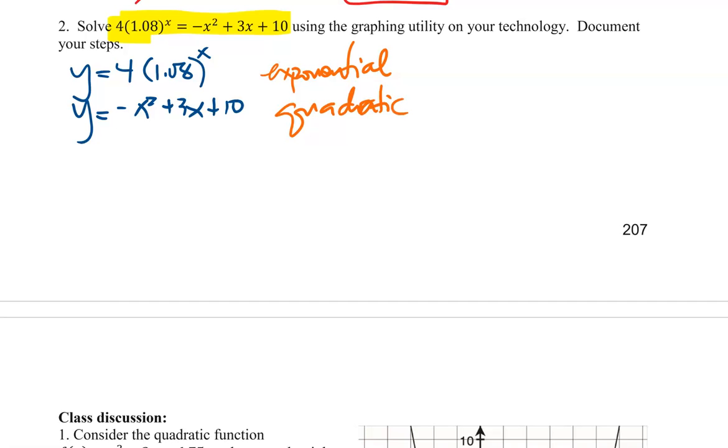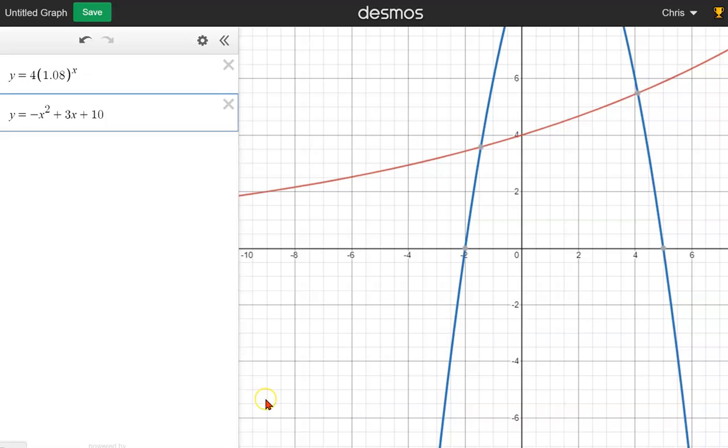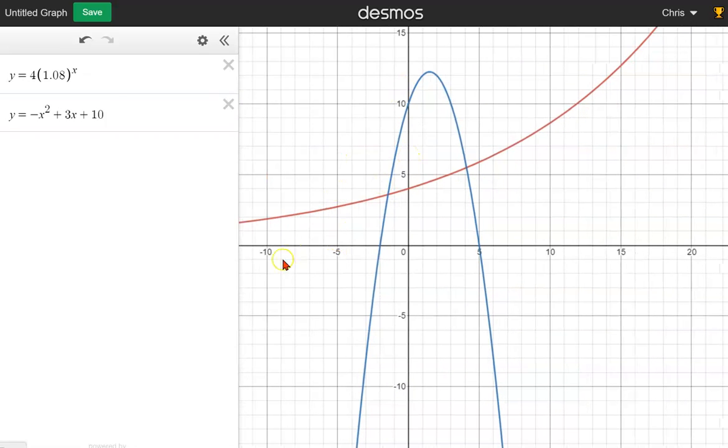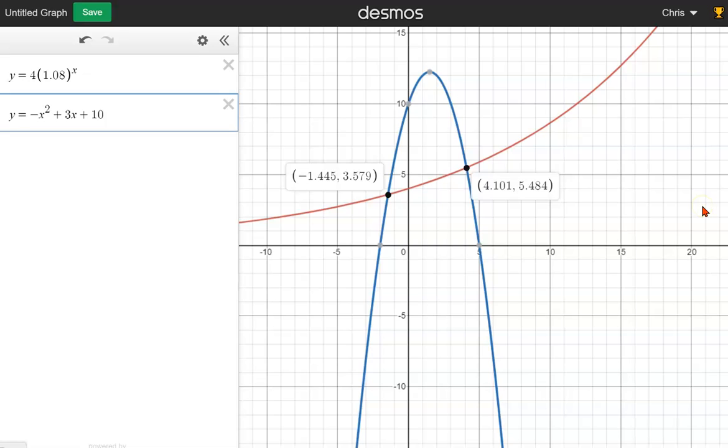Now let's use Desmos for this. So this is Desmos. I typed the two equations. The first one, 4 times 1.08 raised to x, and the second, y equals negative x squared plus 3x plus 10. We want to find the solutions, and those are the intersections. As you can see here, the red one is the exponential and the blue is the quadratic, which is the parabola, and we want the solutions, which are the points of intersection.